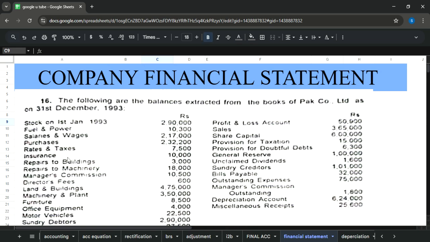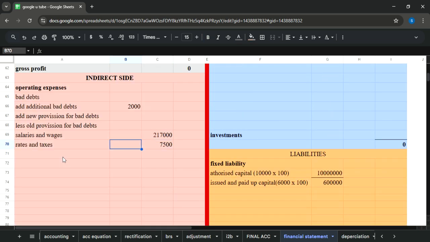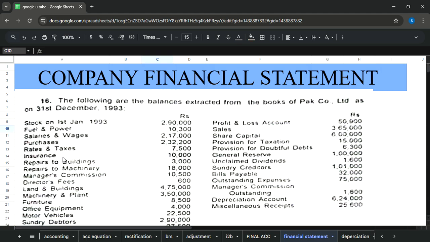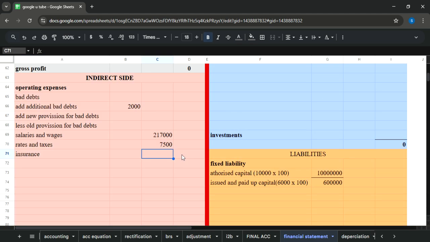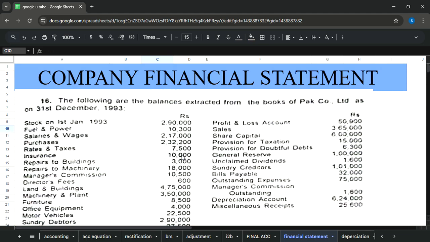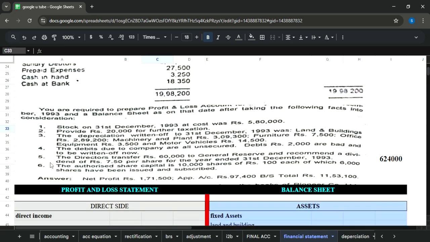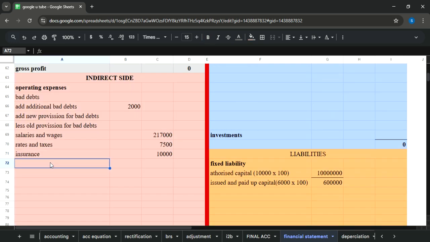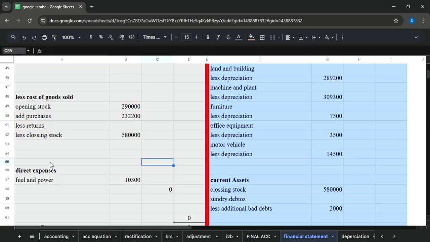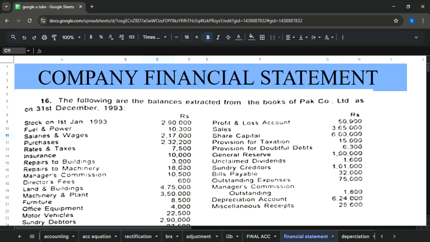After rates, we have insurance. Again indirect side, insurance, and the amount is 10,000. So just mention this amount in the operating expense side. Repairs of building is next. Again indirect side, repairs of building, amount of repair 3,000.